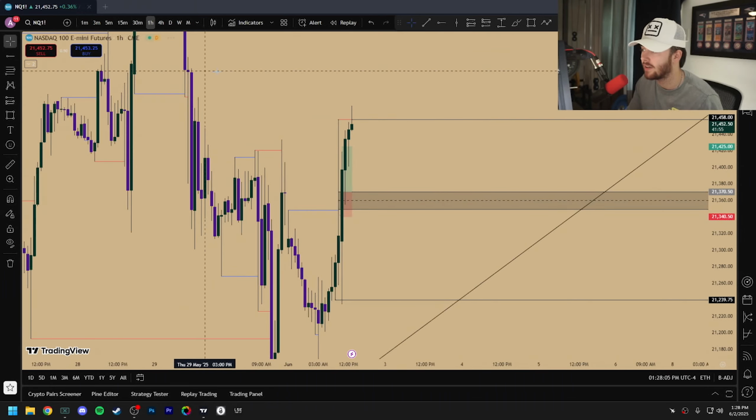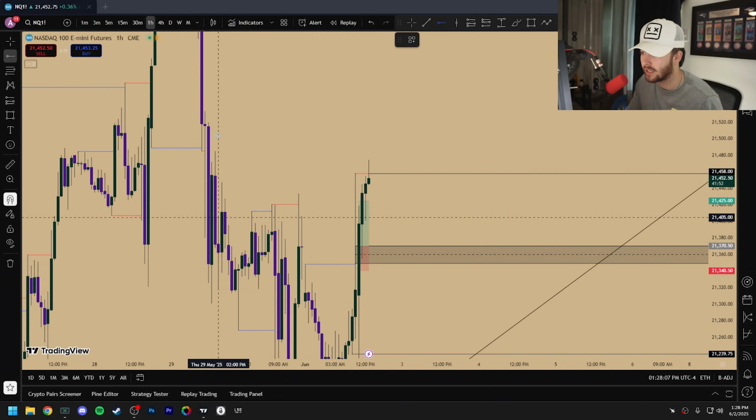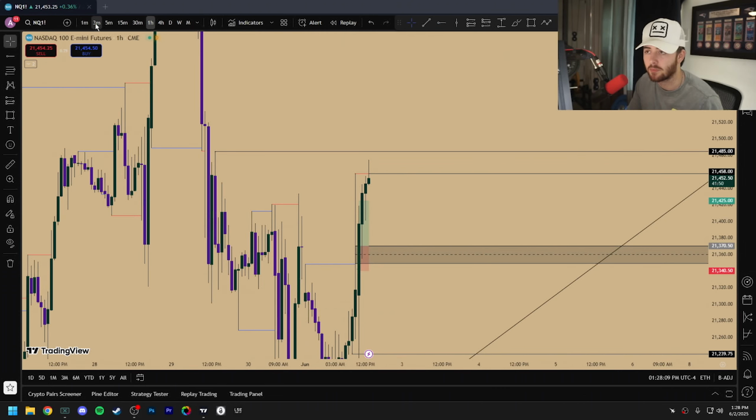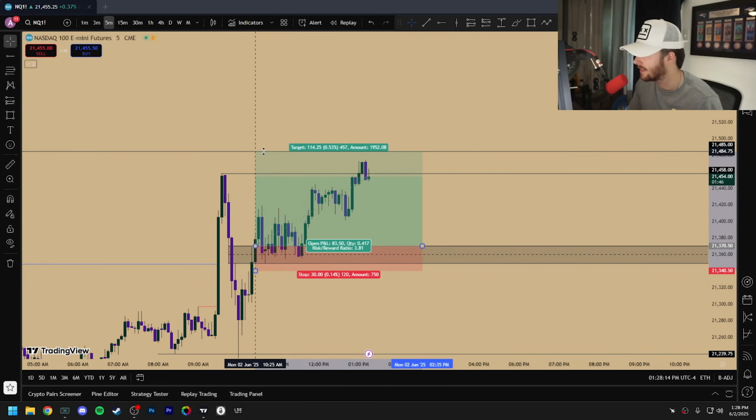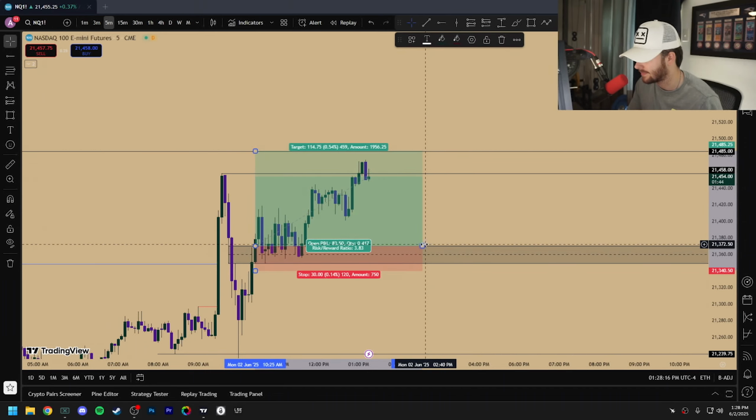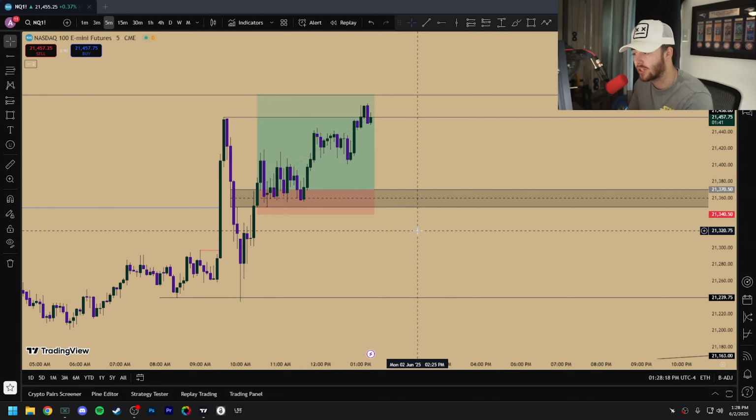We also have another external high right here on the 1 hour that price probably wants, and we could have targeted. As you guys can see, price is probably going to hit this external high. So this is the trade that I wish I took today.